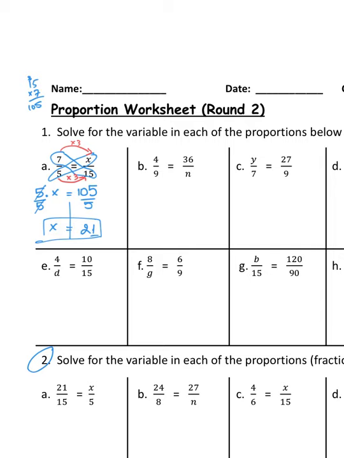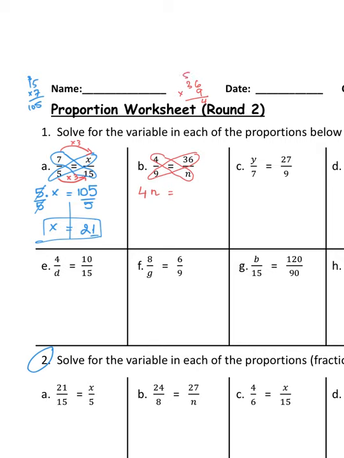Okay, B, I'm going to do 4 over 9 equal to 36 over n. I'm going to cross multiply 4 and n. I have 4n. Always start with the variable side. 9 times 36, I'm going to show the work up here. 9 times 6, 54. 9 times 3, 27.